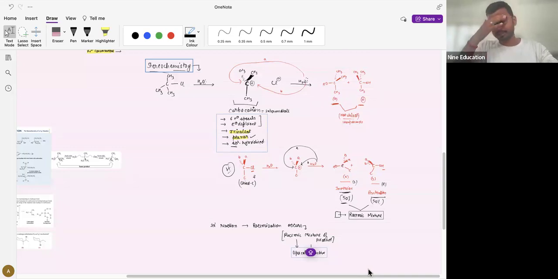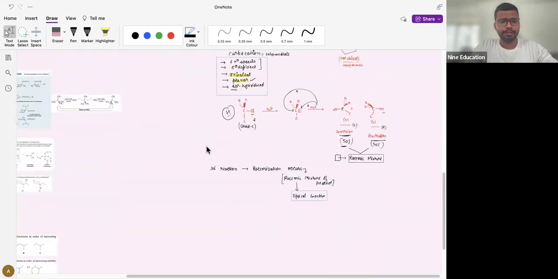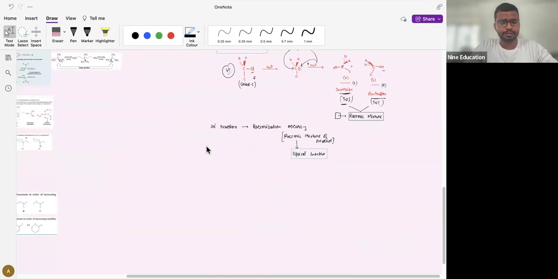Write yes or no in the chat box after writing. Written beta, should we shift to the next one?